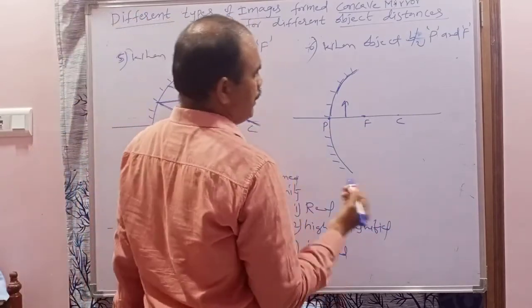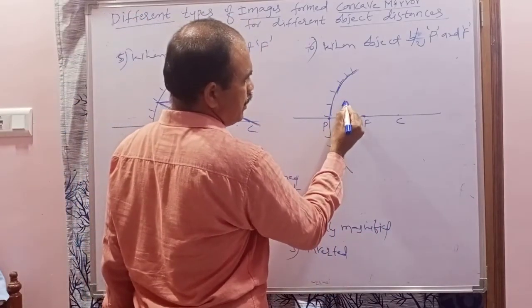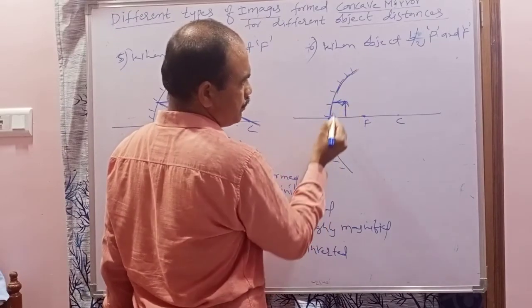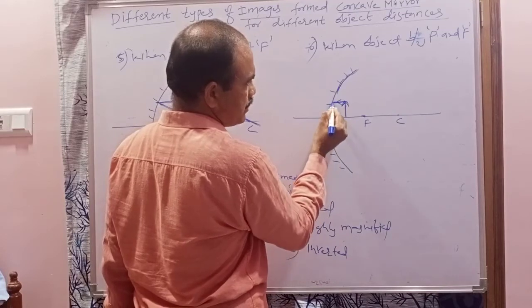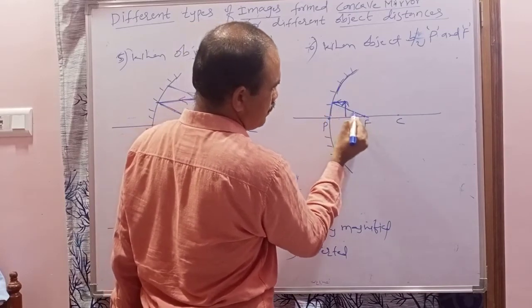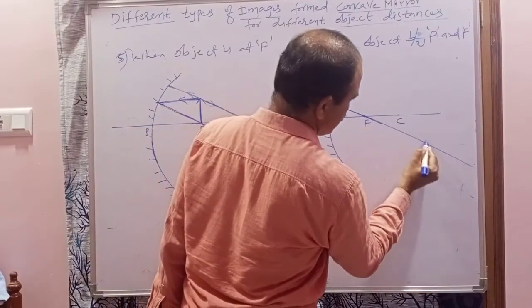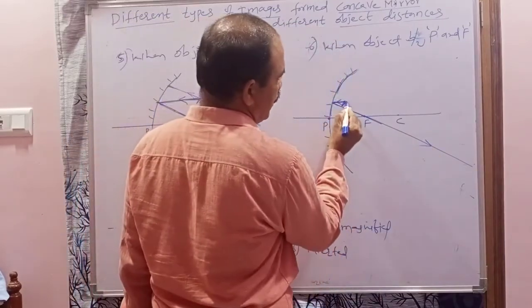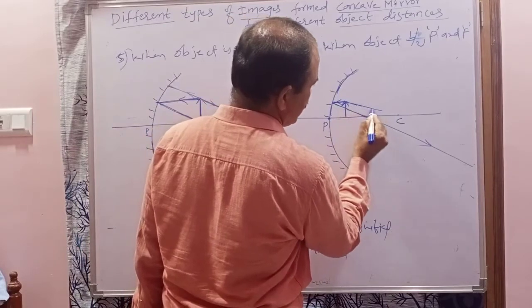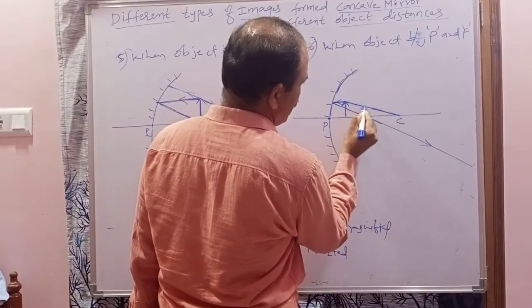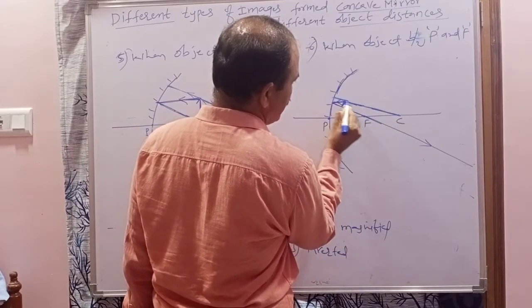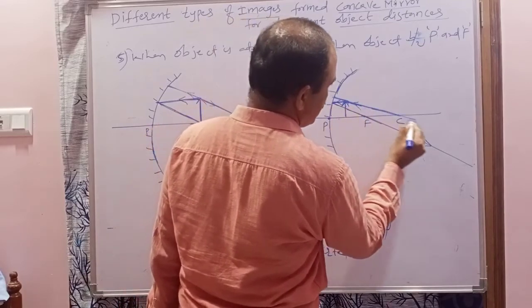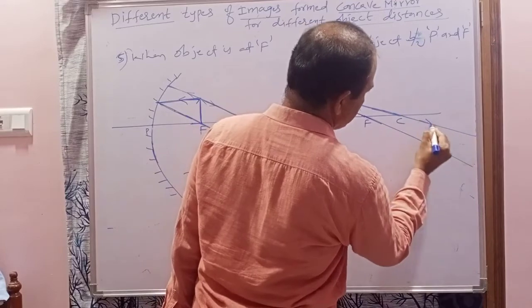To form the image, I am taking the incident rays from the top of the object. This incident ray is coming from the top of the object, parallel to the principal axis. After reflection, it passes through focus. Next, I am taking another ray that is coming from the top of the object and passing through the center of curvature. After incidence, it returns along the same path.